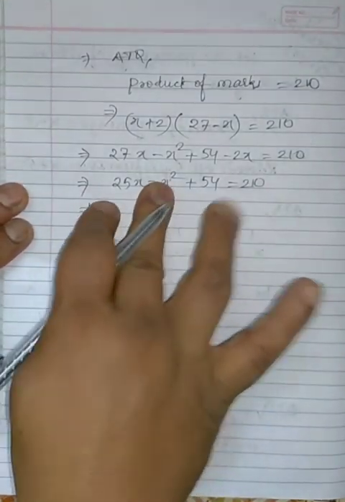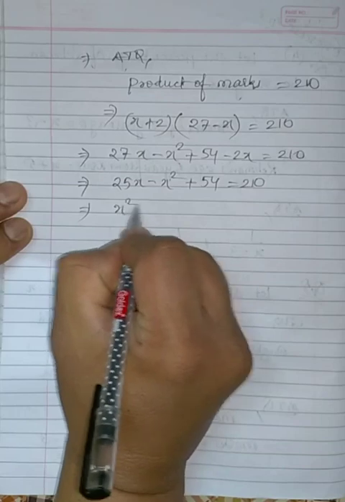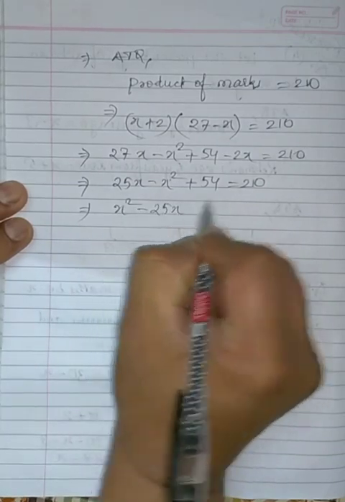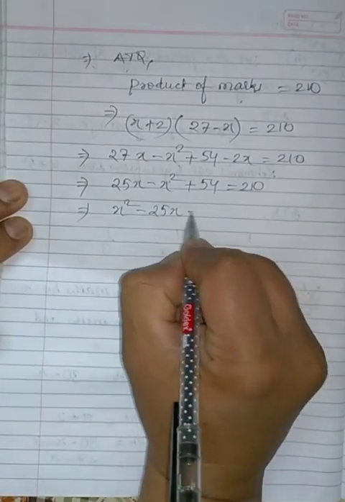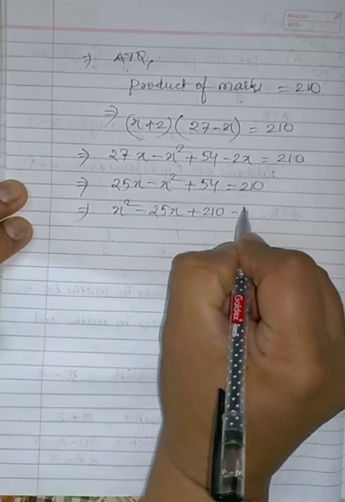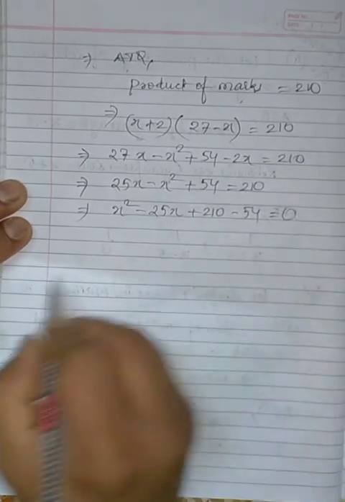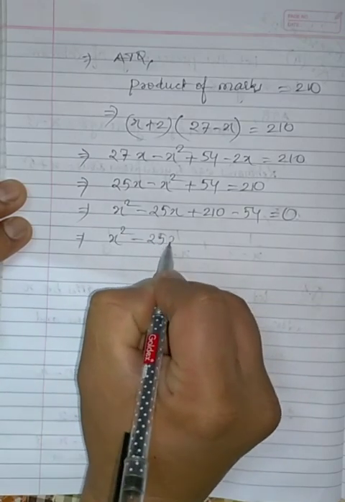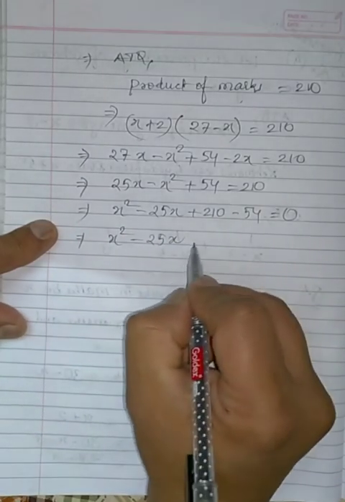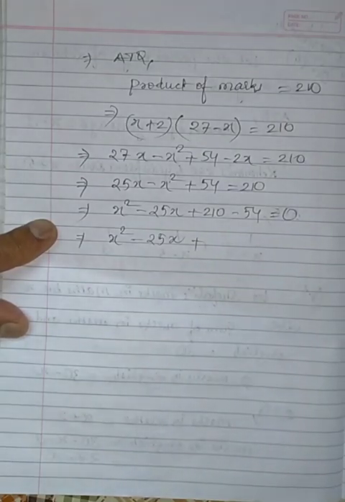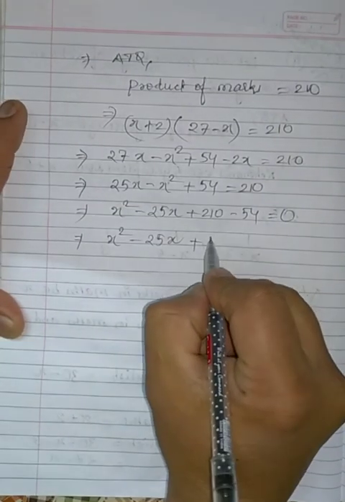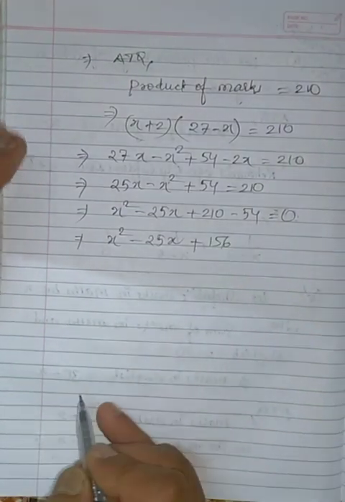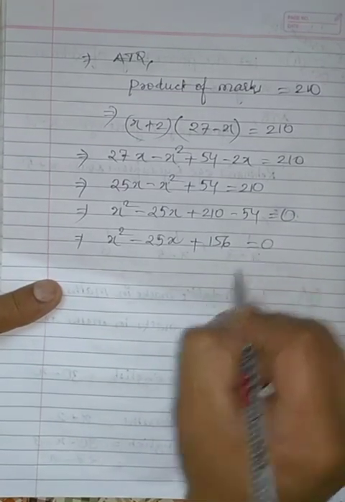So if we transpose all of this to that side, we get x square minus 25x plus 210 minus 54 is equal to 0. So x square minus 25x plus 156 equal to 0.